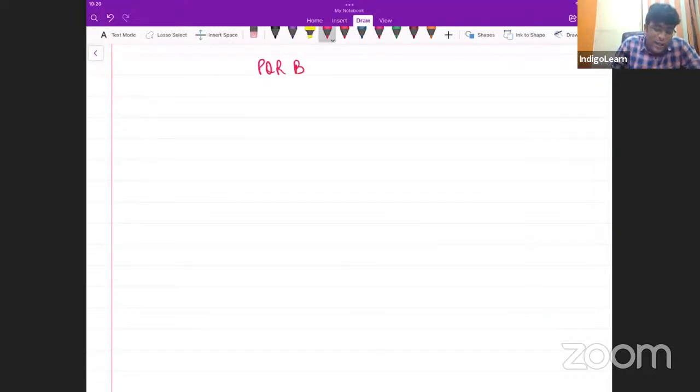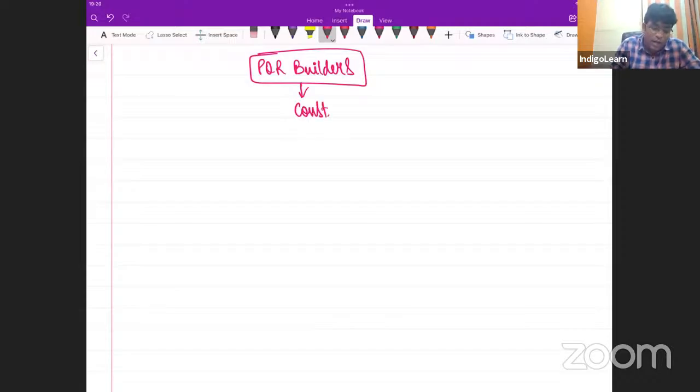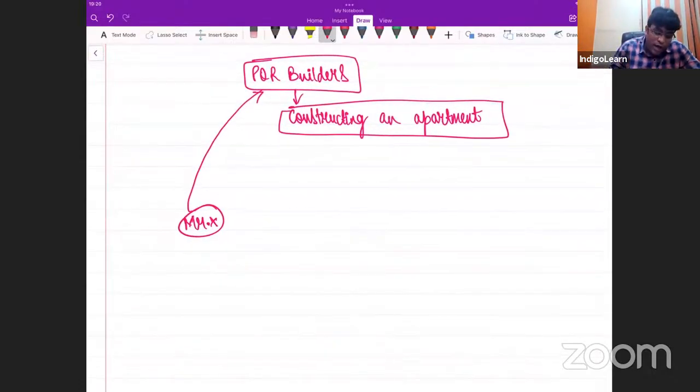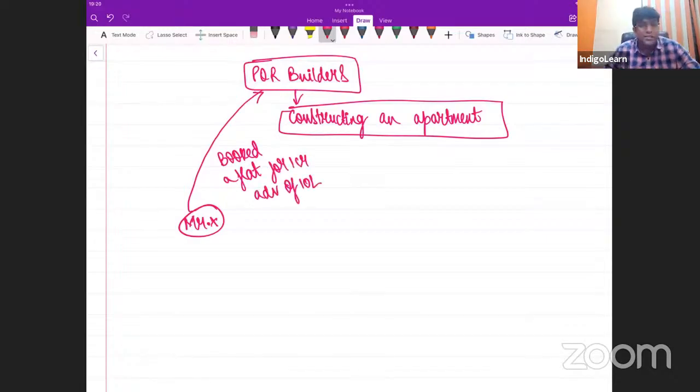So let's say there is a PQR builders who are constructing an apartment. Now let's say there is one person, Mr. X. This Mr. X approached PQR builders and he booked a flat for 1 crore and paid advance of 10 lakhs.